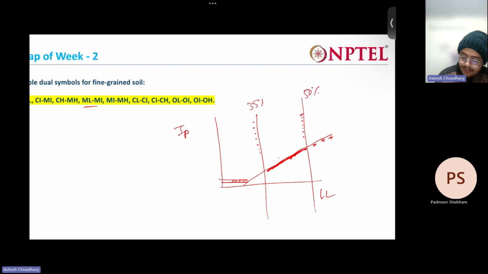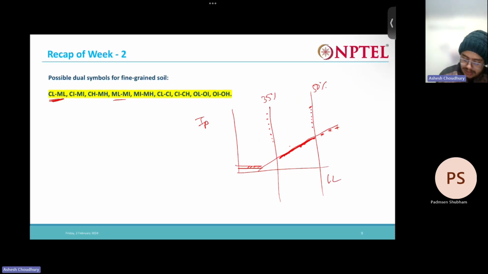That time we will have dual classification. Now CH-MH means here. Yeah, understood. This one is CH-MH. Now ML-MI when here. MI-MH when here.